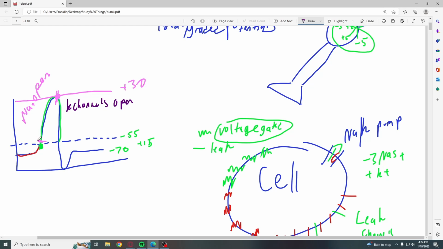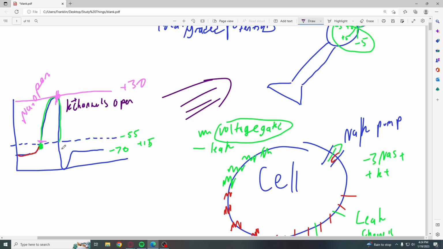The Nas open pretty fast, so they're going to be acting first, and then the K channels will be opening later. Once the K channels open, they're releasing all the Ks. That's why you see the charge going negative. You're losing positive K ions, which means you're becoming more negative.